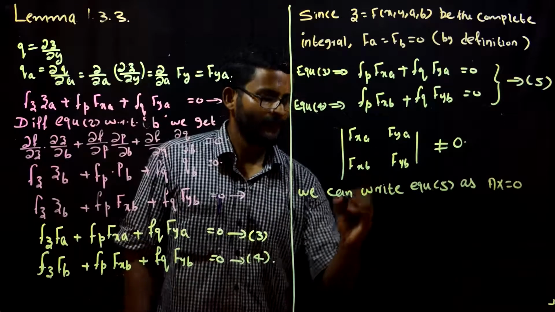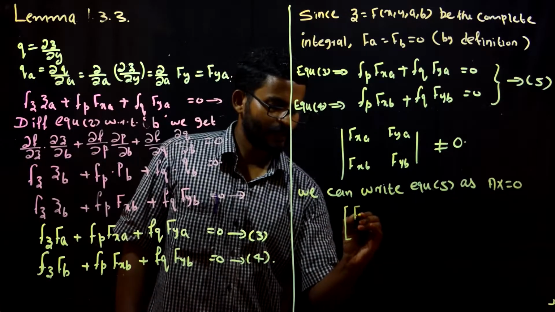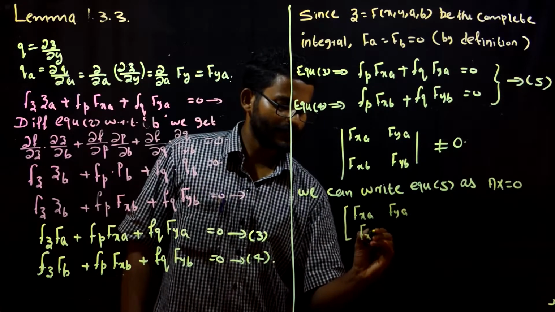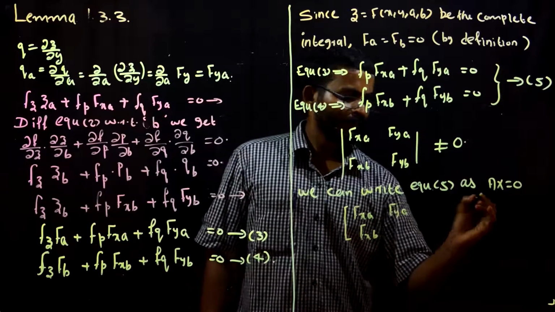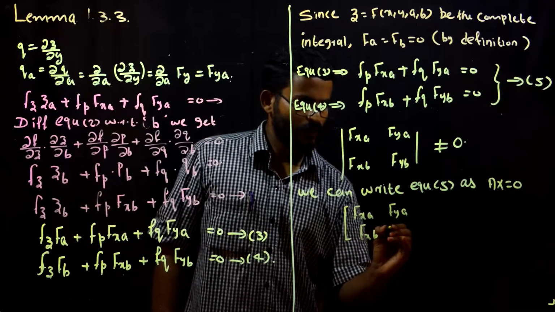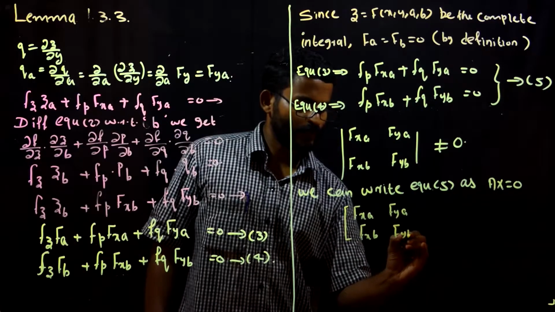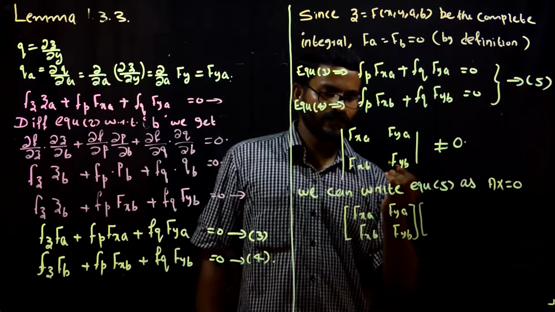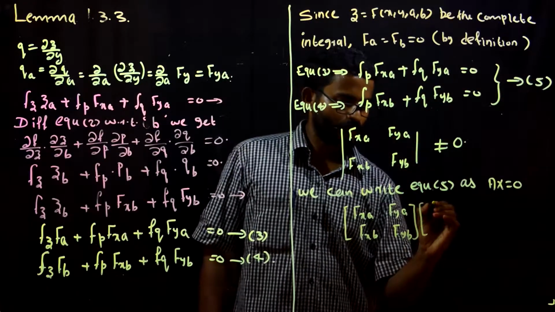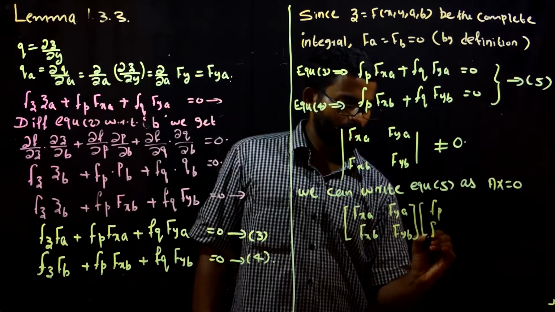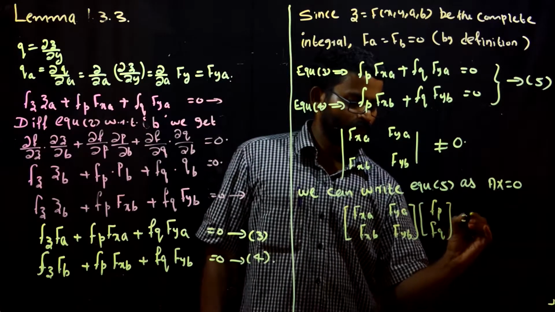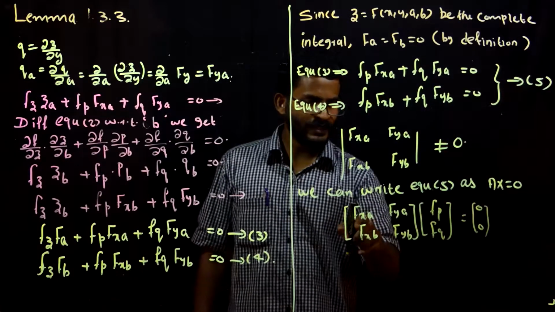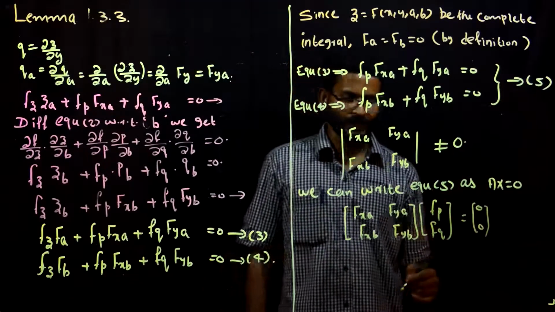That is, the matrix F_xa, F_ya, F_xb, F_yb into X, where the unknowns are f_p, f_q, equal to 0. We can write this system in AX equal to 0 format.